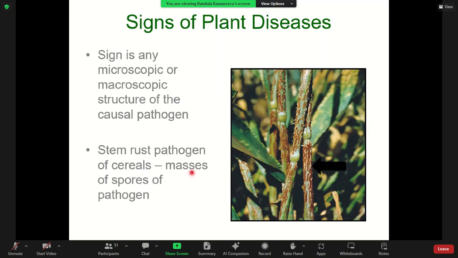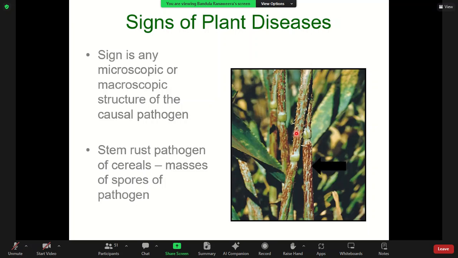So these types of structures of the plant pathogen appearing on the infected plant, we call the host plant, are named as signs of the diseases, right? So please have a clear idea that symptoms and signs of plant diseases are two different things, symptoms and signs.